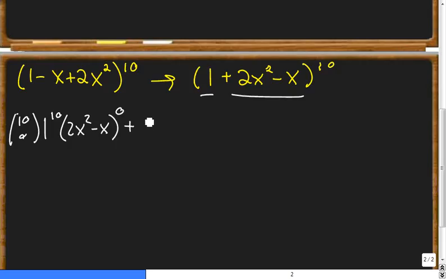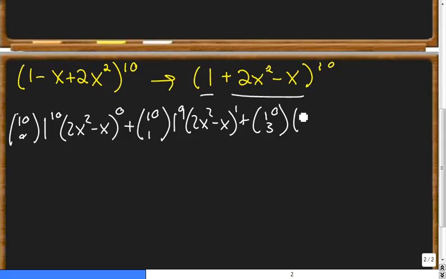And then we go plus 10 choose 1 times 1 to the 9th times 2x squared minus x to the 1st, plus 10 choose 2 times 1 to the 8th times 2x squared minus x squared. And that should cover what we need.